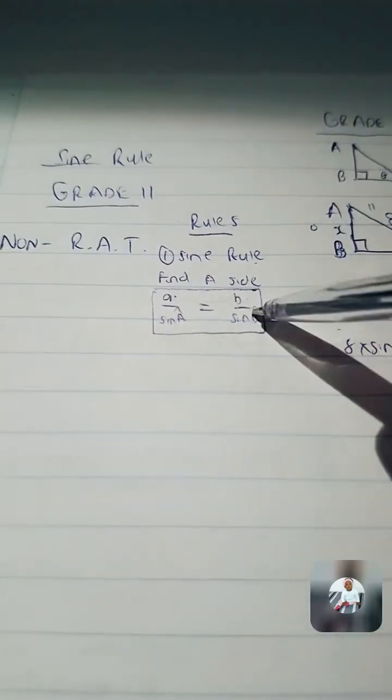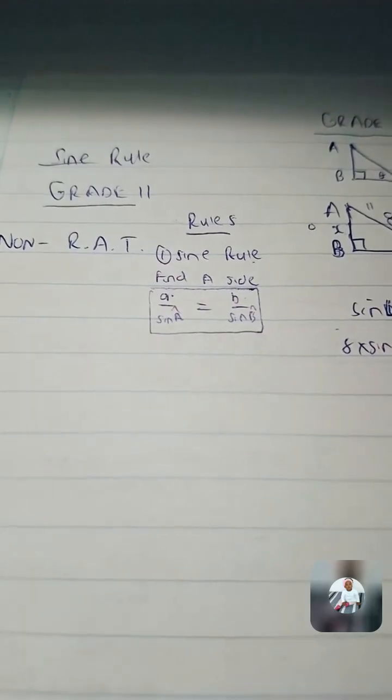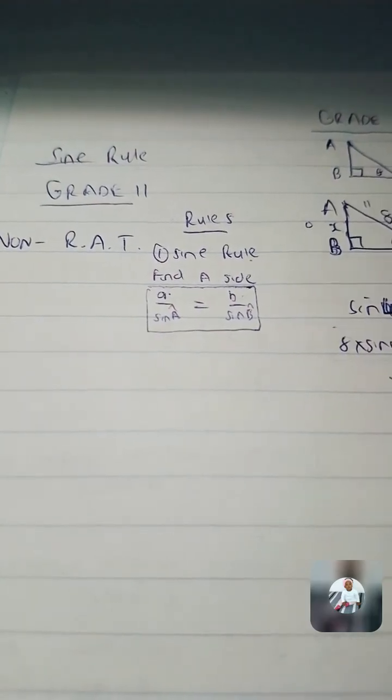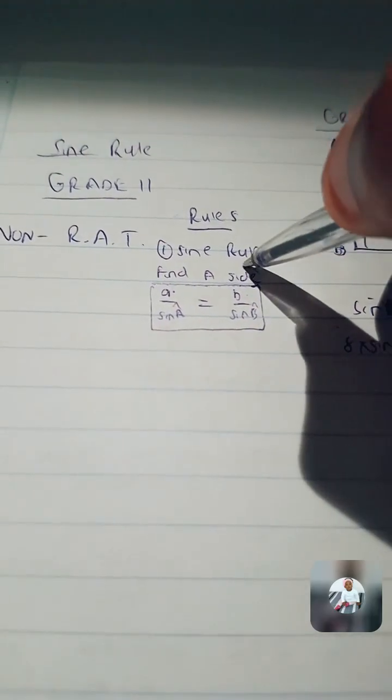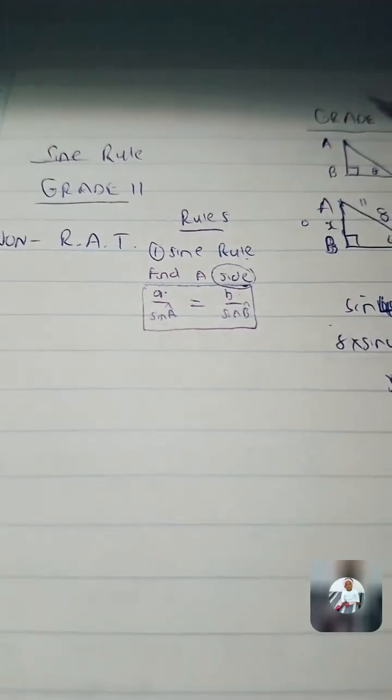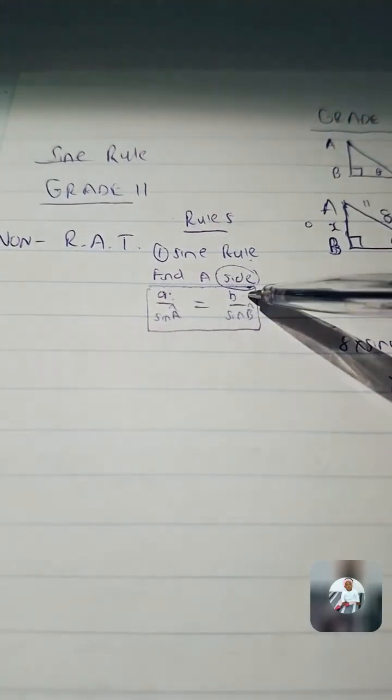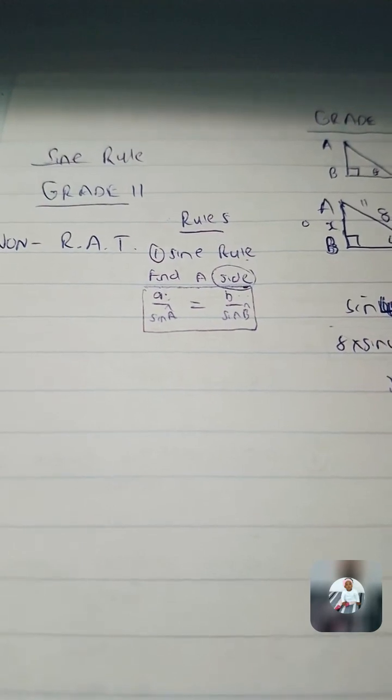And we use two ratios for our given triangle to solve using the sine rule. If we want to find a side, we make sure that the sides are written in the numerator.